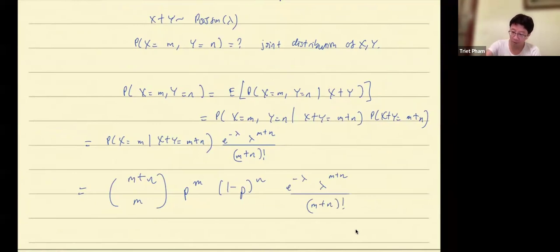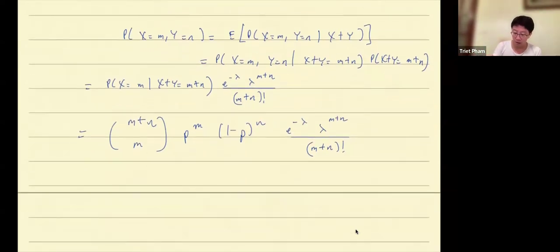Any question? But the story doesn't stop here. The story continues. Because M plus N choose M is M plus N factorial over M factorial N factorial, and that will cancel nicely with this. So the first thing we have is 1 over M factorial.